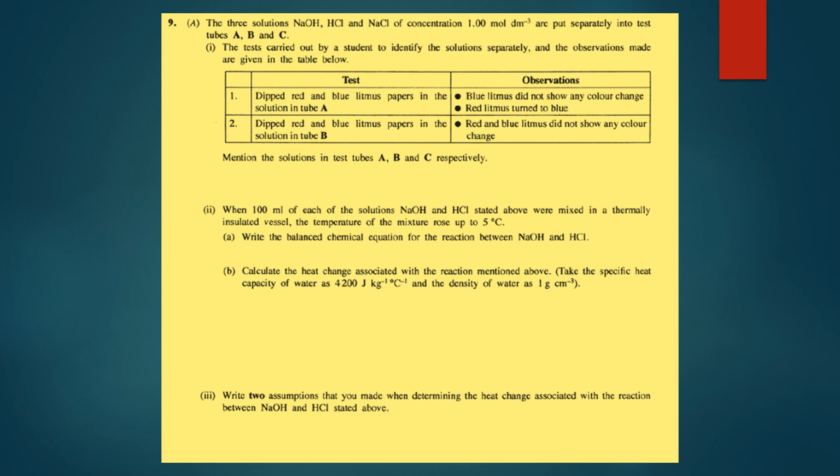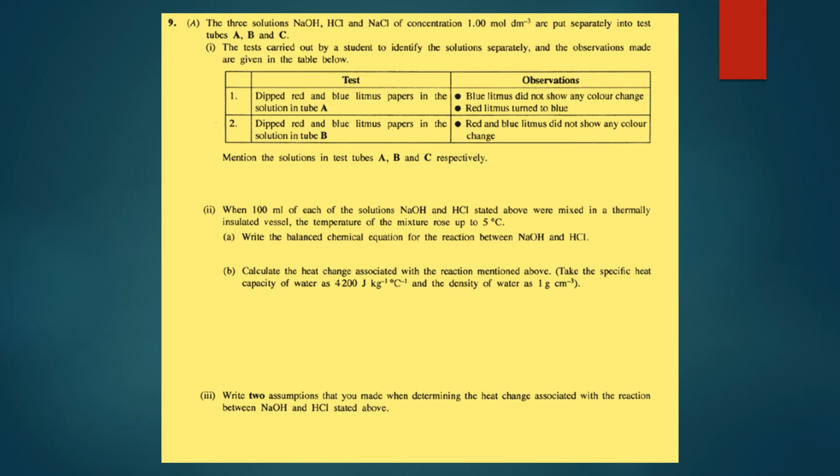Question number 9. A. The three solutions NaOH, HCl and NaCl of concentration 1 mole per cubic decimeter are put separately into test tubes A, B and C. Part 1. The test carried out by a student to identify the solutions separately and the observations made are given in the table below.